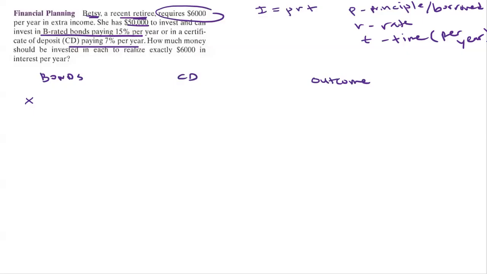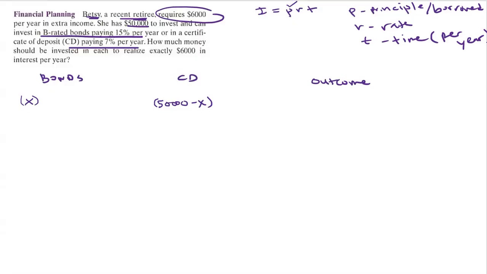Just think about what we just did. How would I represent that? Perfect. Everybody agree with that? 50,000 minus X, right? So again, if I'm putting an X amount of money in bonds, then CD would be whatever is left over, 50,000 minus X. So that's going to be our P, okay? So 50,000 minus X. Okay, that's our P.